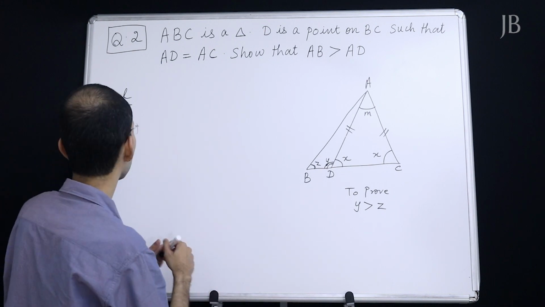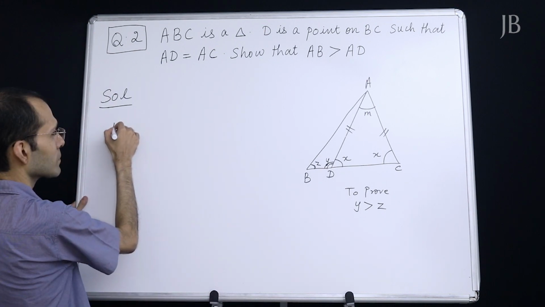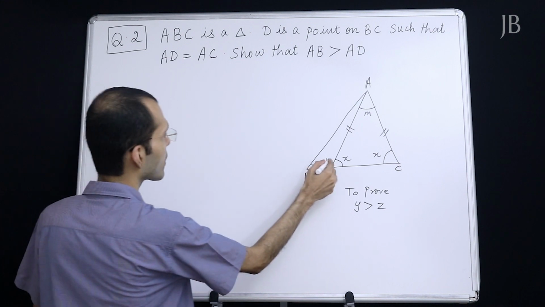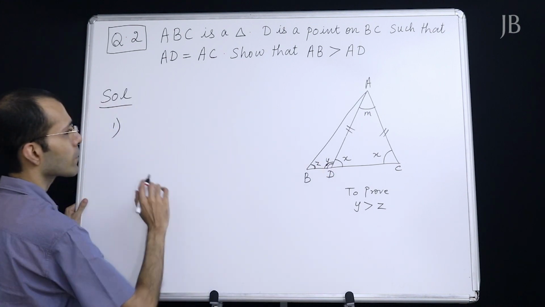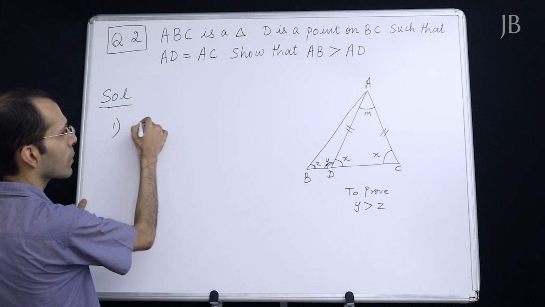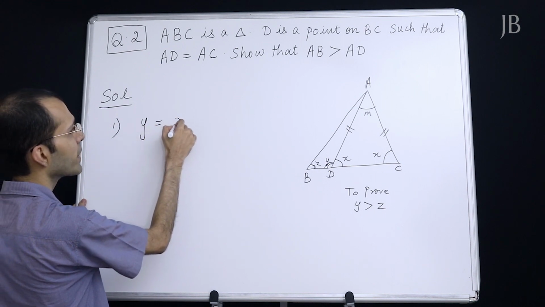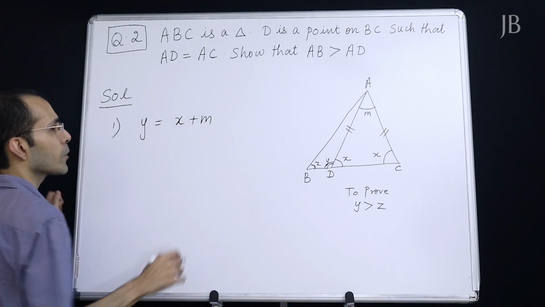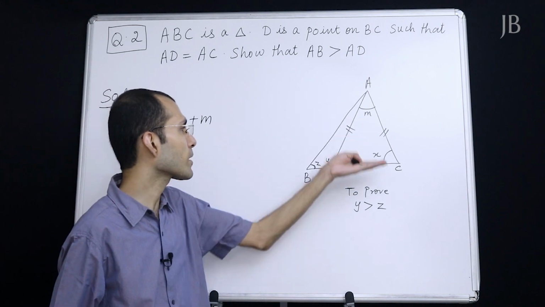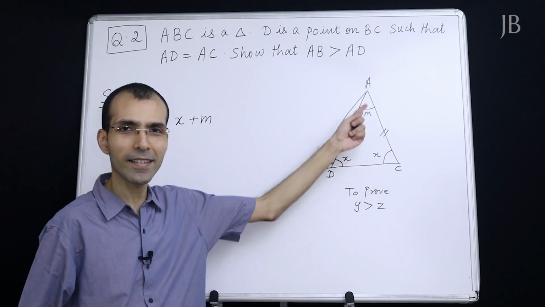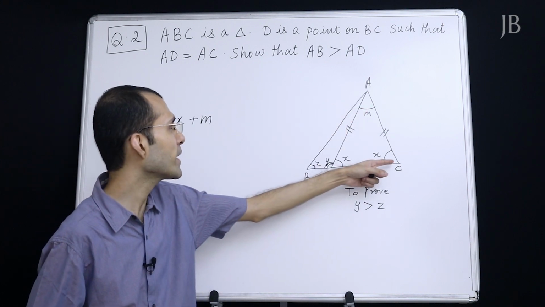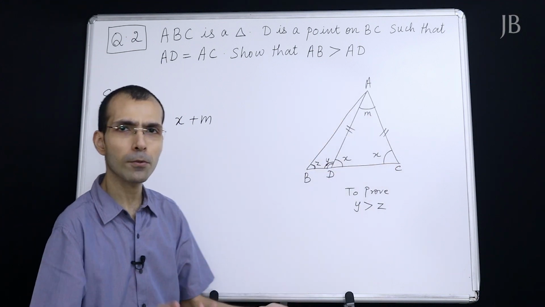So now let's see how we write the proof. So here this we could not work it out. So now we will write like this. Y is equal to x plus m. Now you may wonder, how do you know that we have to mark all these angles? See, whenever the need arises, you mark it. Otherwise you write angle CAD full form, no problem.